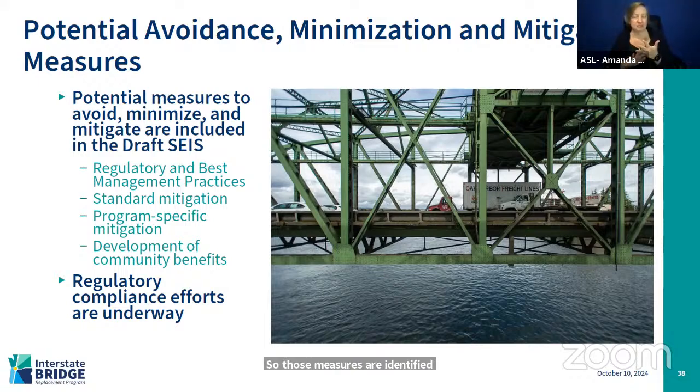And as we continue to move forward in the NEPA process, the program is going to be continuing to look at ways to refine those lists to avoid and minimize the impacts as identified in the draft SEIS, and where adverse impacts cannot be avoided, looking at potential mitigation measures. And that is it for my slides, if there are any questions.